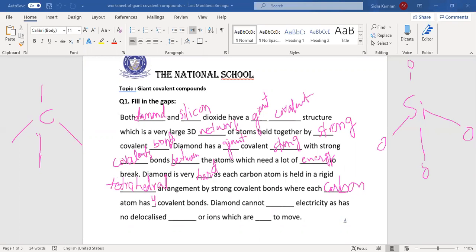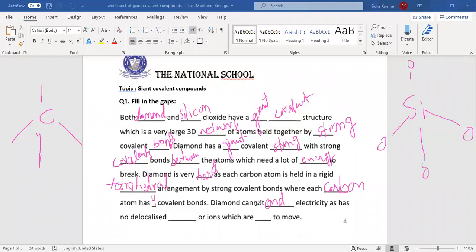Diamond cannot dash electricity. Conduct. Yes, diamond does not conduct electricity. Silicon dioxide does not conduct electricity. But graphite conducts electricity because of the freely moving electrons.